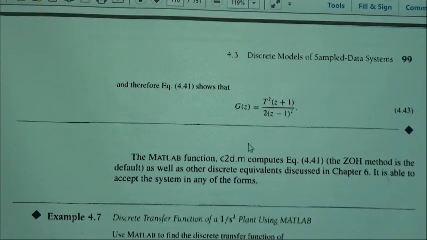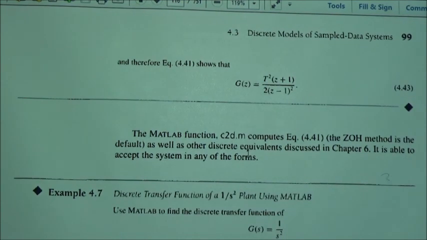Now, I want to also show you how we can solve the same problem in MATLAB. By now you should be quite familiar with applications of MATLAB's control toolbox for discrete time systems. One of the interesting and critical commands is C2D, continuous to discrete.